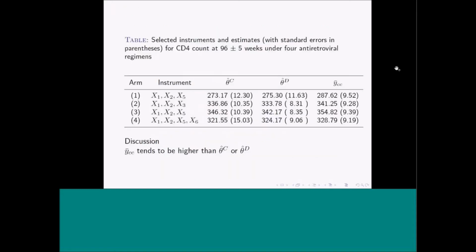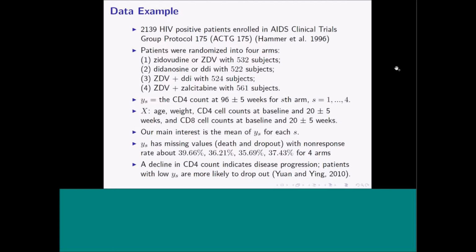We do it separately within each arm. In this table, X1, X2, X5 for the first arm are selected to be instruments according to our method, and so on. You see there are some differences, but X1 and X2 are always in there. X1 is the age, X2 is the weight, and X3 is the CD4 count at the baseline.